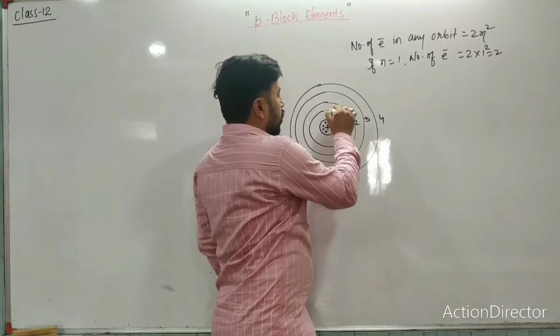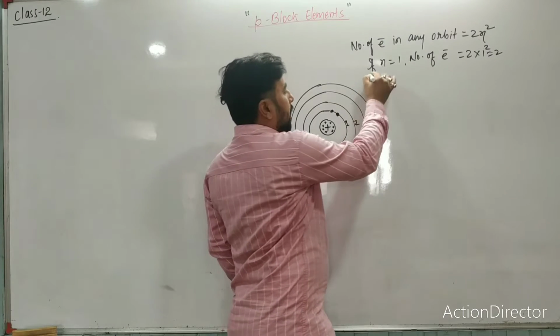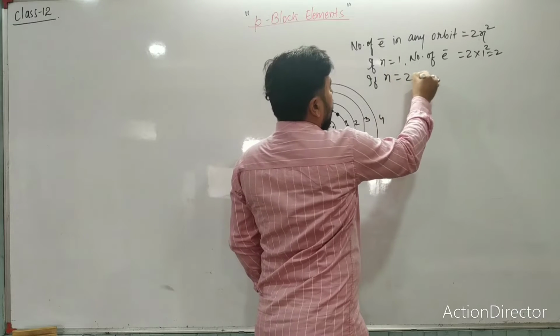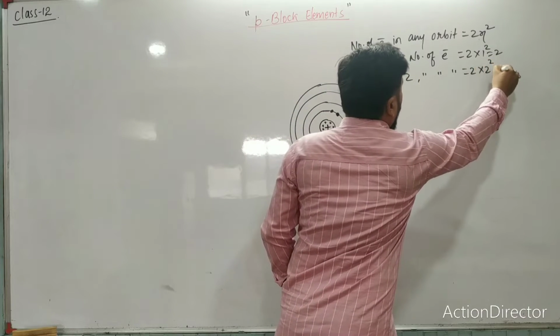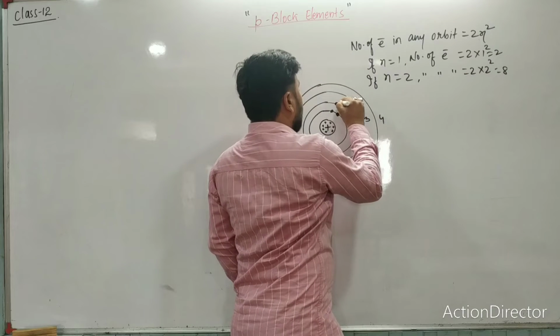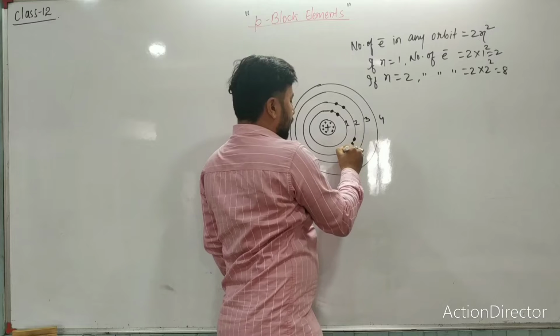So in the first orbit there are 2 electrons. Now in the second orbit, 2 into 2 square, that is equal to 8. So here you have seen that in any orbit the number of electrons.